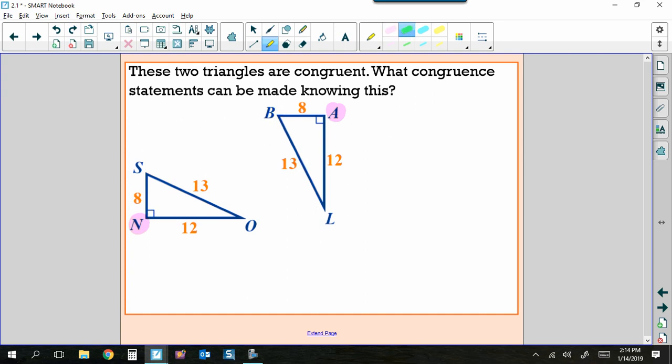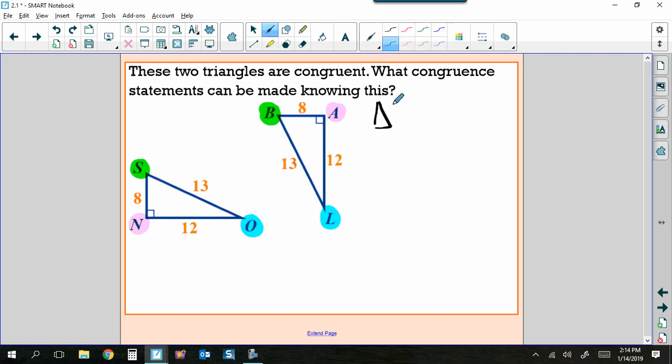When naming congruent parts of polygons, if you start off by naming the two polygons, using the names of those polygons will help you to write all your congruency statements. So we're going to go ahead and just say that that is triangle ABL.